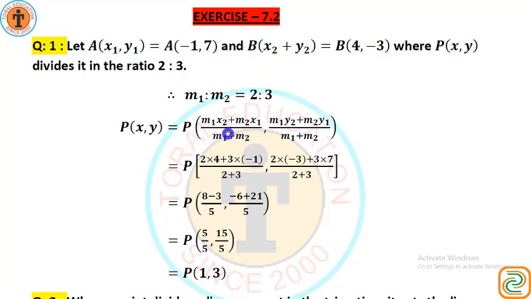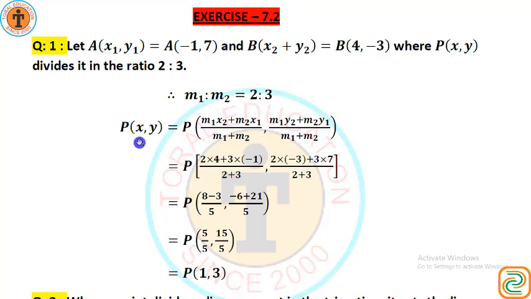Here, (m1 x2 + m2 x1) upon (m1 + m2), (m1 y2 + m2 y1) upon (m1 + m2). So for P, which point is to be taken as x2?